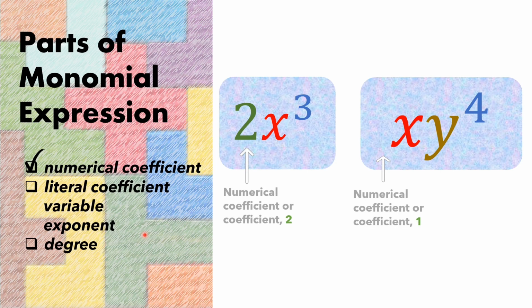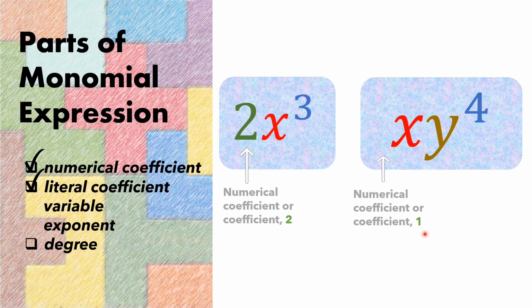In the first example, the numerical coefficient, or simply called coefficient, is 2. And in the other example, the numerical coefficient is 1. Literal coefficient.